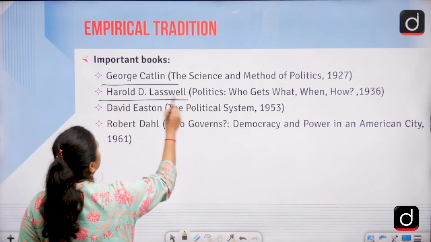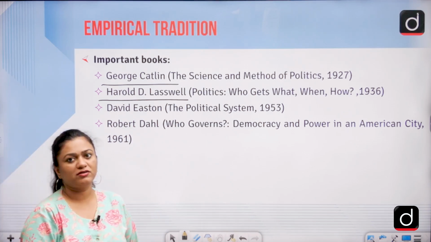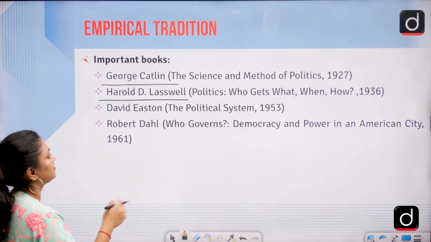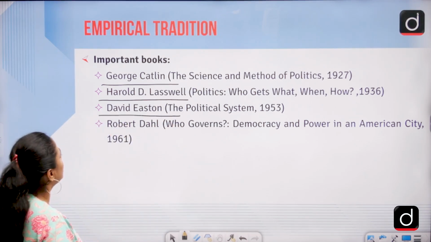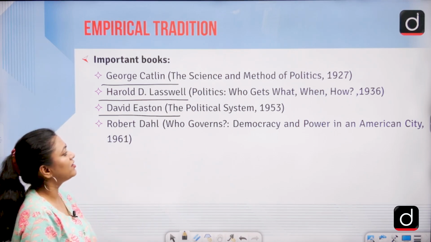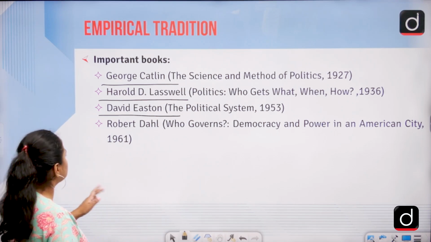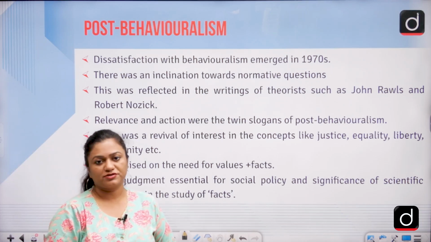Harold D. Laswell, Politics: Who Gets What, When, How, published in 1936. David Easton, The Political System, 1953. Robert Dahl, Who Governs? Democracy and Power in an American City, 1961. So these are the important works associated with the behavioral tradition.